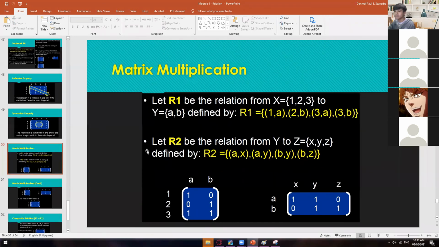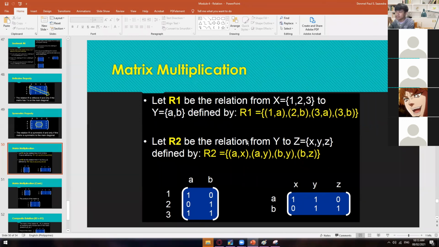Okay. So let's now move on to matrix multiplication. Let R1 be the relation from 1, 2, 3 to Y, which is A, B, and define R1 as 1A, 2B, 3A, 3B. So this one is just a random relation that came from these sets. And then we have another relation.